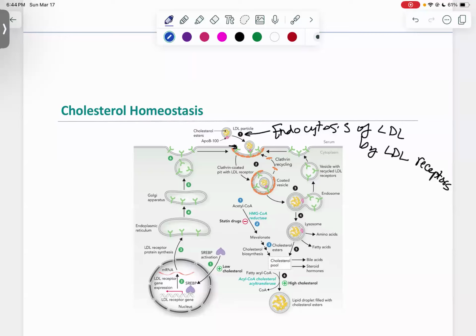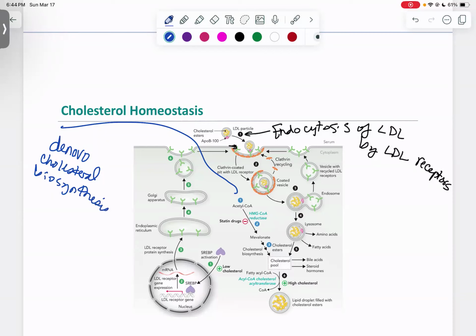The blue numbers here, see if I can come out here. The blue numbers are de novo, and de novo just means new, like you're making it new. Cholesterol biosynthesis. And where are we?